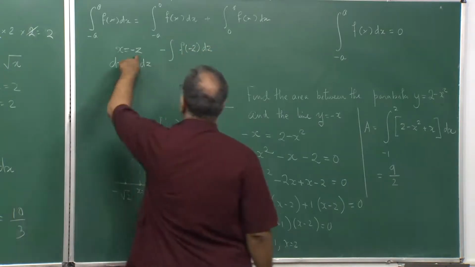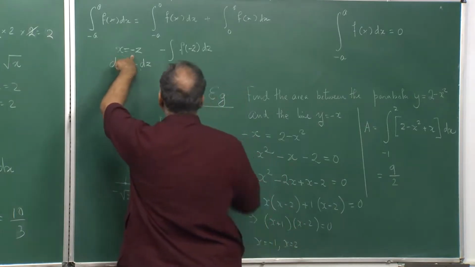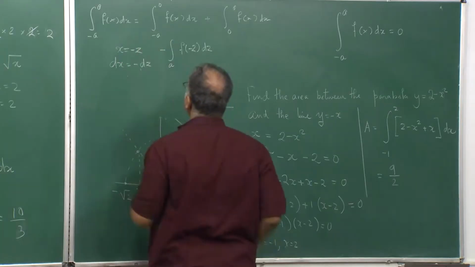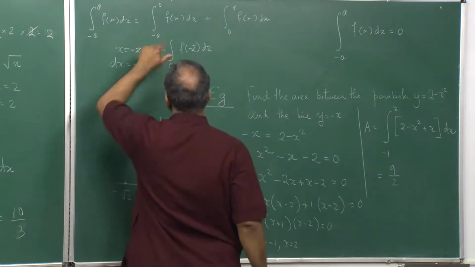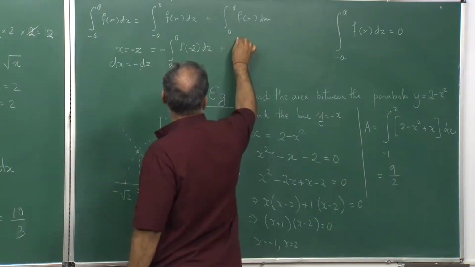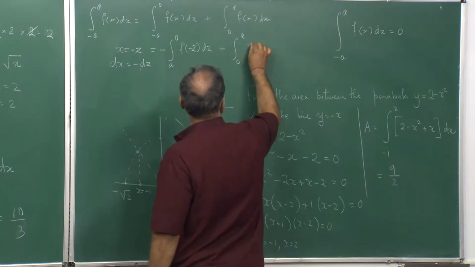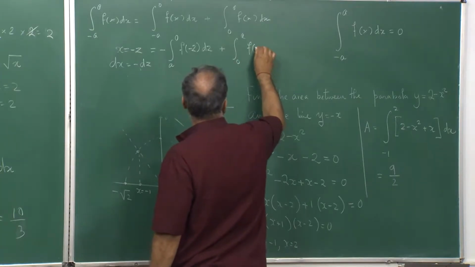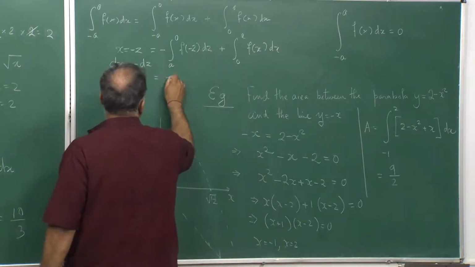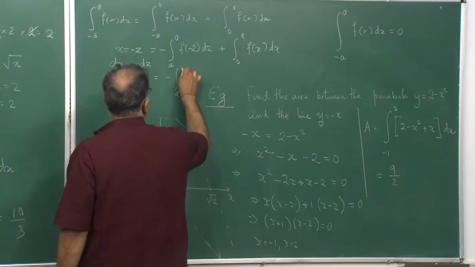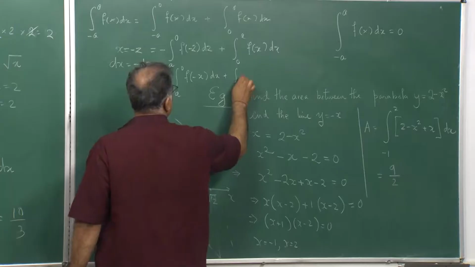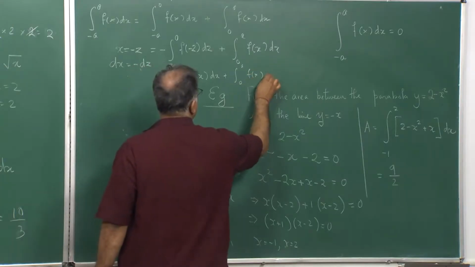When x equal to minus a, z is a, and when x equal to 0, z is 0. So, a to 0, plus 0 to a. Instead of z, I can also write x. Now, you can ask why z and x? These are dummy variables, so do not bother about dummy variables. You can just write it as f of minus x dx plus 0 to a f of x dx.